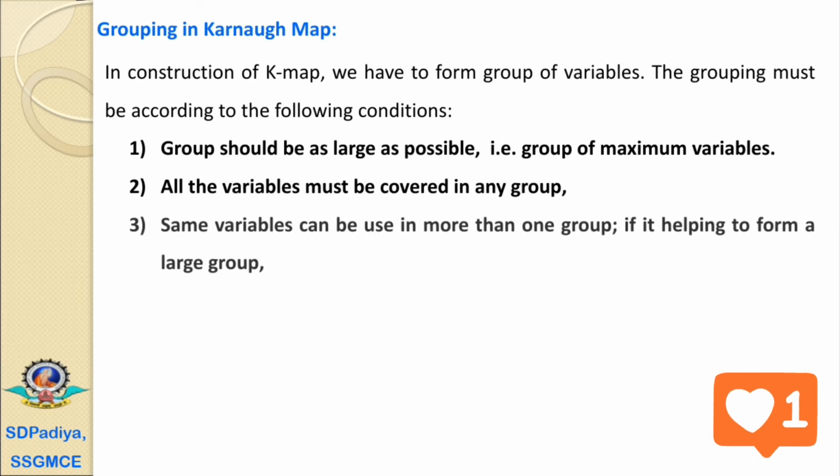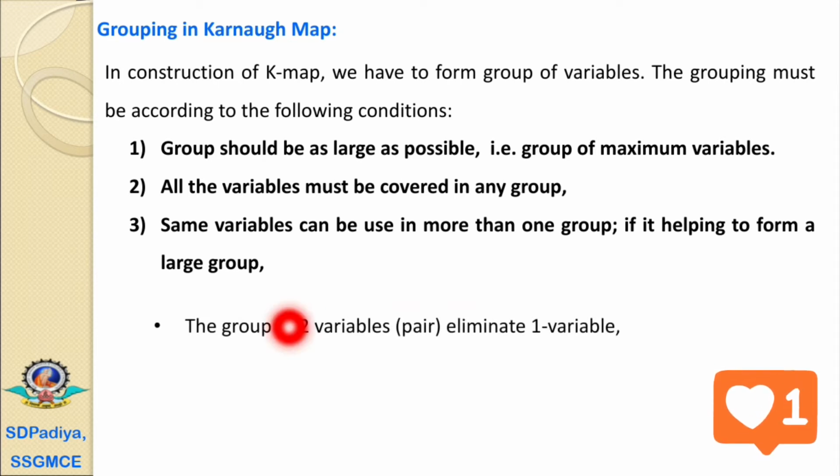The third, the same variables can be used in more than one group, but only if it helps to form a larger group. Otherwise, it is not compulsory to repeat any variable. But if the variable helps to form any other large group, then we can repeat it.